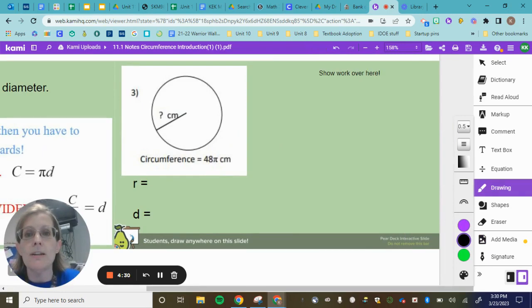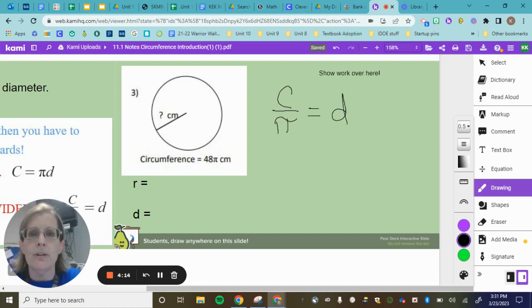In this question, they tell us our circumference is 48 pi. So we take our formula, circumference divided by pi equals the diameter.